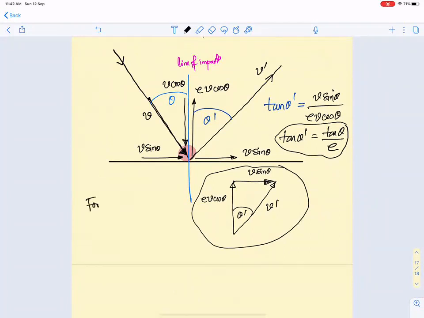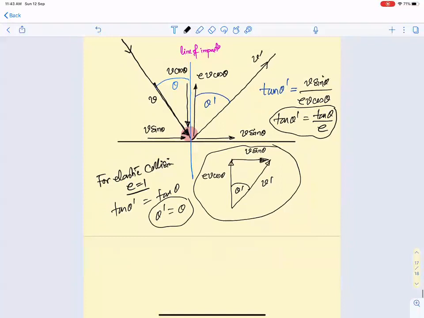For elastic collision, what will happen? For a perfectly elastic collision, e is equal to 1. That means tan theta dash is equal to tan theta, so theta dash equals theta. So it gets reflected, like light gets reflected, following the law of reflection of light.